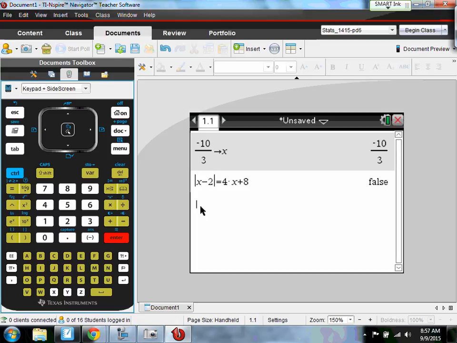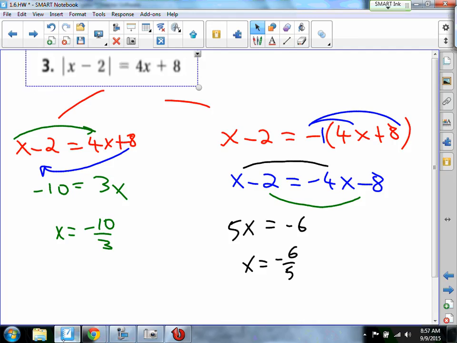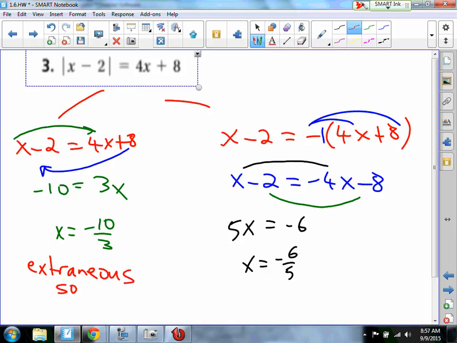And it says false. Well, wait a minute. I did all this work. Negative 10 thirds seems reasonable. Hopefully somebody remembers what we say about negative 10 thirds here. It's called an extraneous solution.